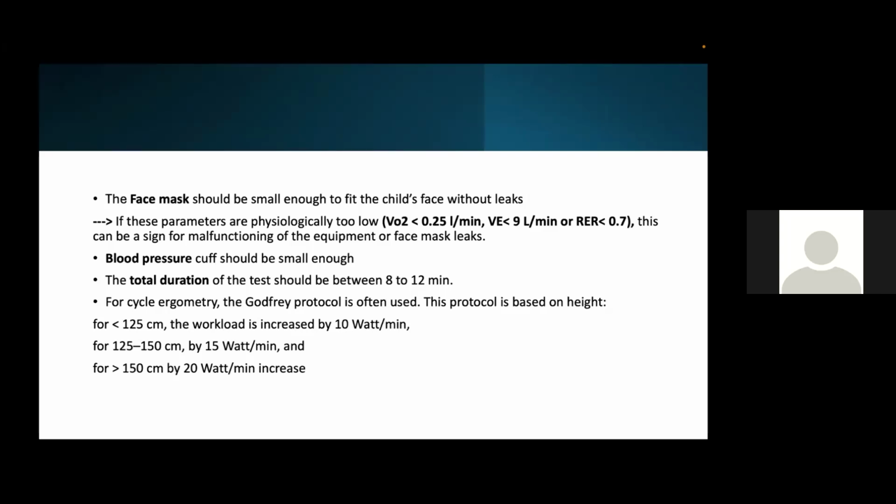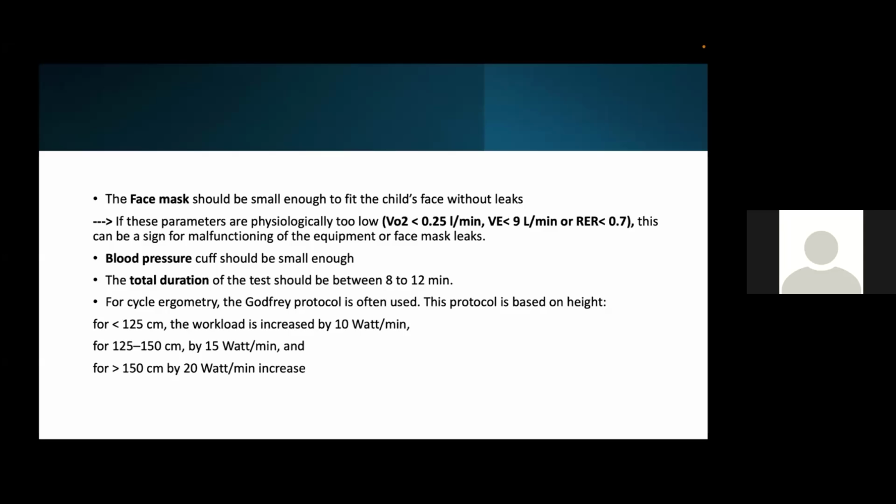As you can see here, if peak VO2 is less than 0.25, or minute ventilation less than 9, or respiratory exchange ratio less than 0.7, that might indicate malfunctioning of equipment or face mask leaks. It's really important to make sure we don't have technical problems.